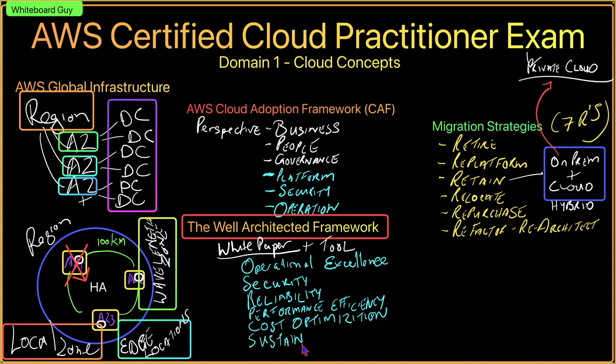How does what you're running in the cloud impact the environment? So there's sustainability, and these are the pillars that AWS has: operational excellence, security, reliability, performance efficiency, cost optimization, and sustainability.